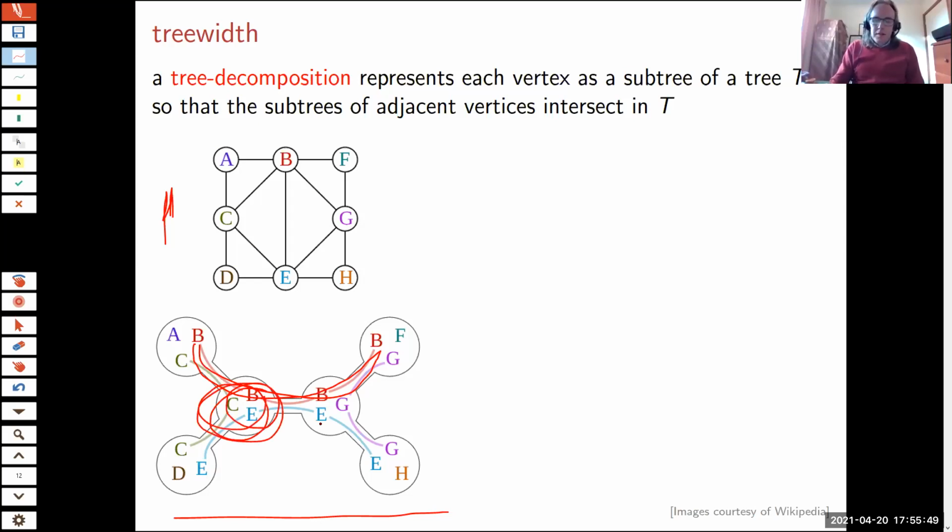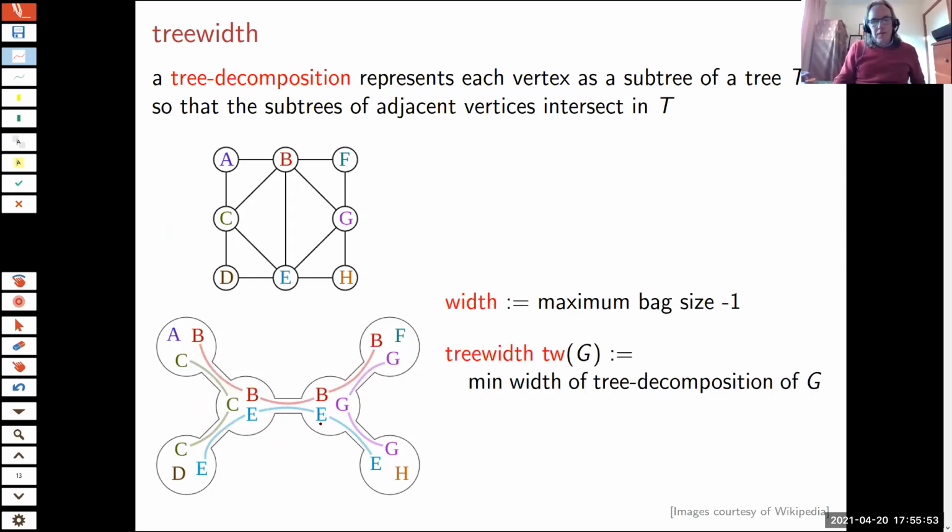So this turns out to be a very good definition. And we define the width of the tree decomposition to be the maximum size of a bag minus 1. So here this decomposition has width 2. And we define the treewidth of the graph as the minimum width of a tree decomposition of the graph. So for example, if all the bags have size 2, then you can show that the graph is actually a forest.